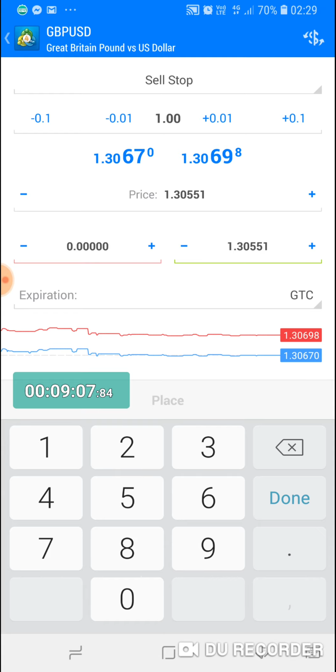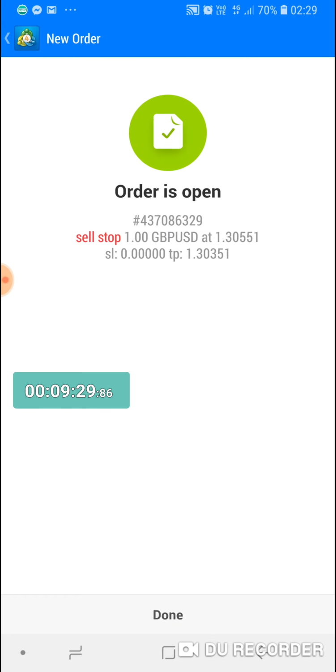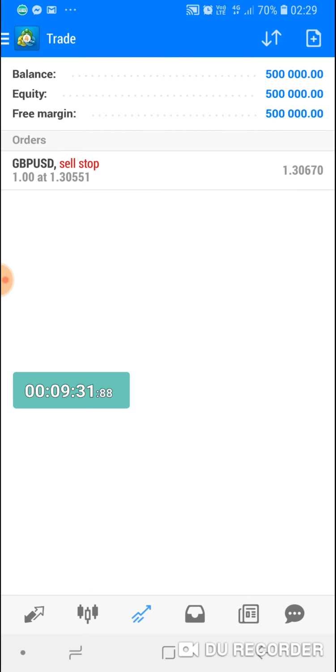I made an error. It's 30,551 minus 200 points, because this is a sell stop. Sell stop we always minus. There is no adding. Even on the take profit we minus. So it's gonna give us 30,351. Then you place your order just like that, then it's done.